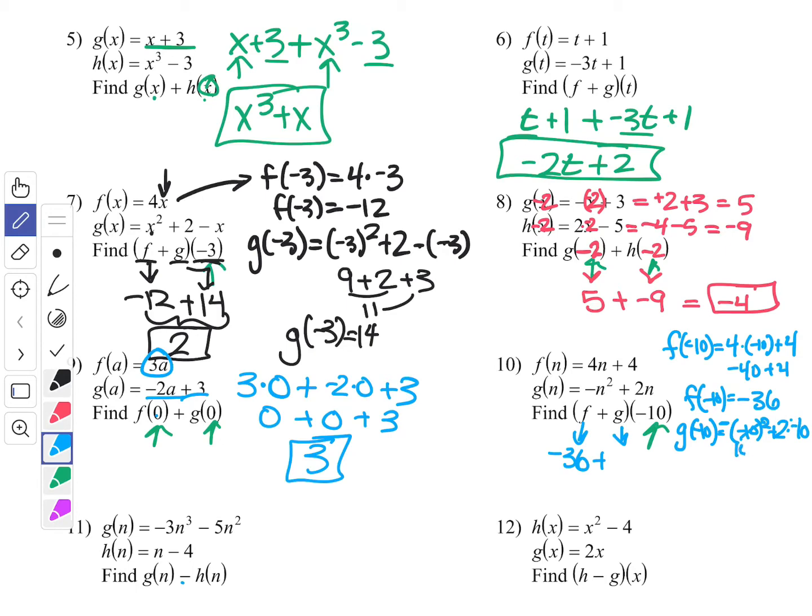So -10 squared is 100, but that negative outside stays, so -100. Then 2 times -10 is -20, so plus a -20, which would give us -120. So g of -10 equals -120. So -36 plus -120 gives us -156. And there's our answer. So that's how we deal with the addition stuff, okay?